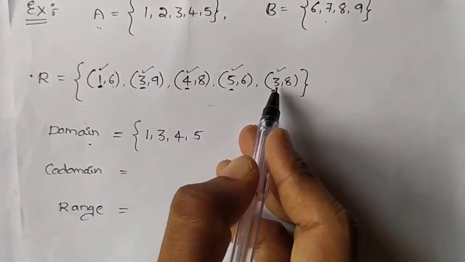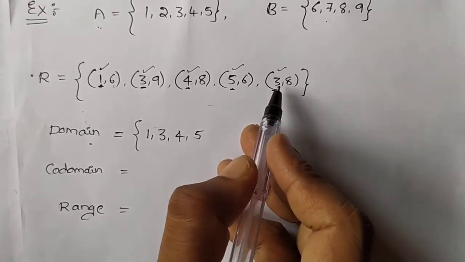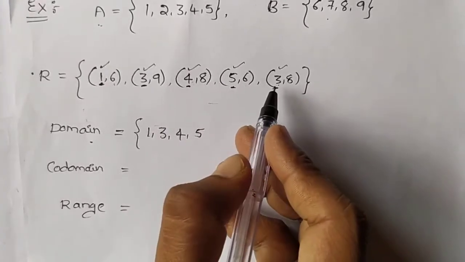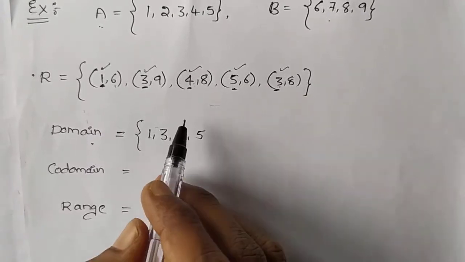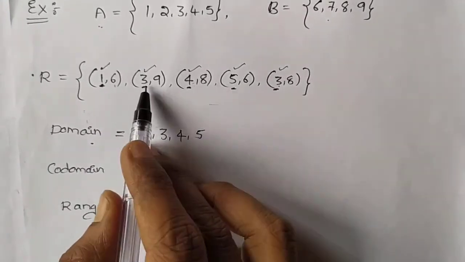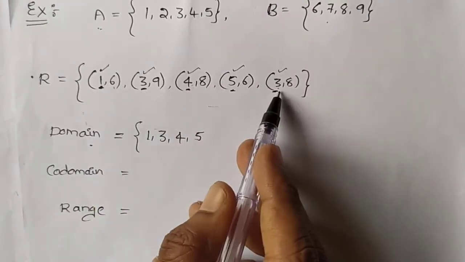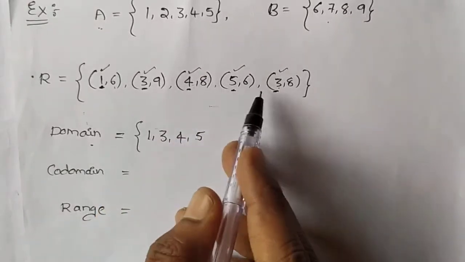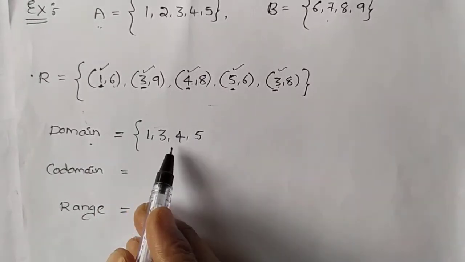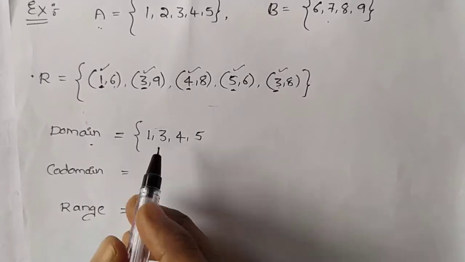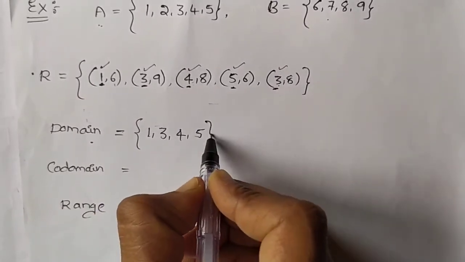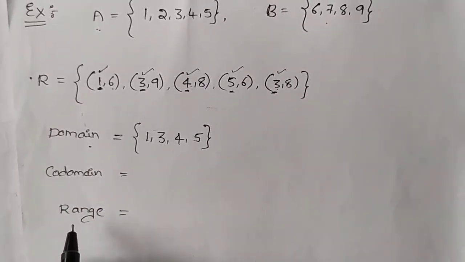Okay, we should not repeat elements. I already told you in the last class that here we have two threes. We should not repeat the same elements. 1, 3, 4, 5 are the domain.